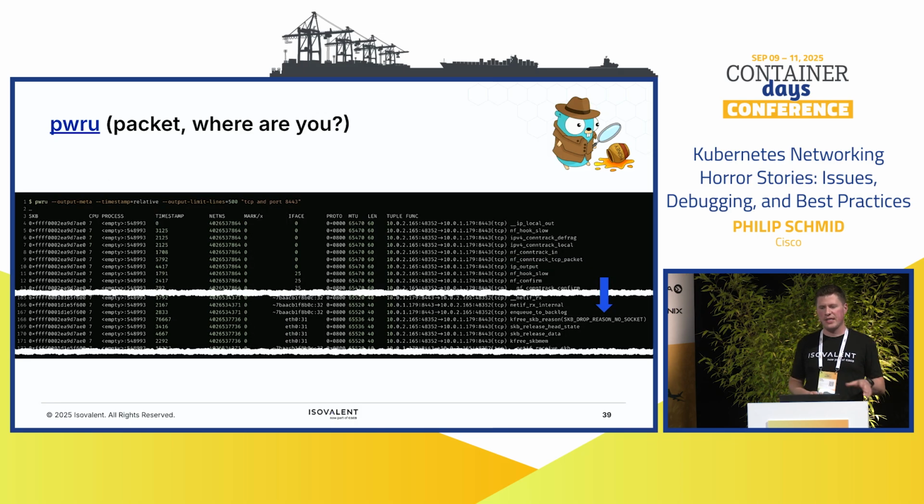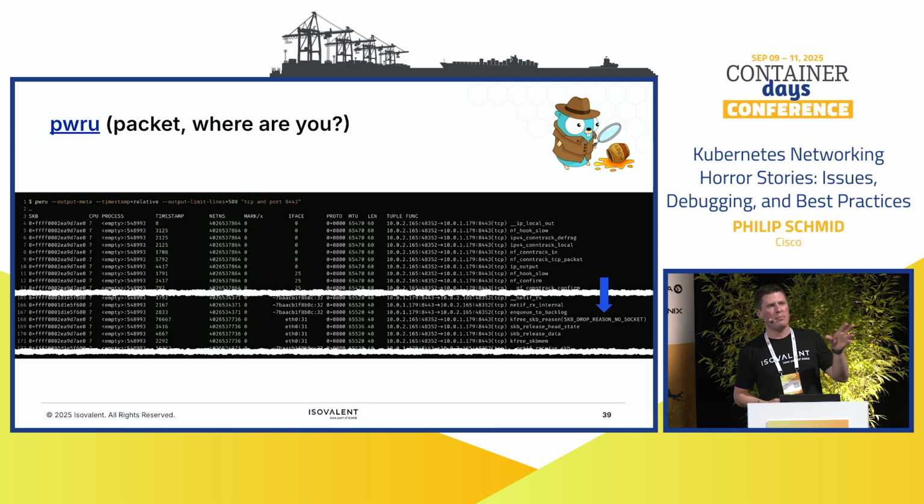Now, if you apply the same principle to our troubleshooting scenario from before, we get a lot of different output. That's why I needed to truncate and cut out a few hundred lines, I guess. But in the end, you see the actual drop reason, which is super helpful and great visibility in my opinion, because we see SKB drop reason no socket.